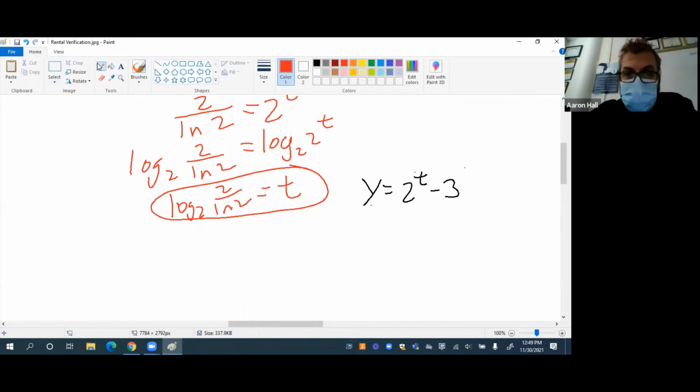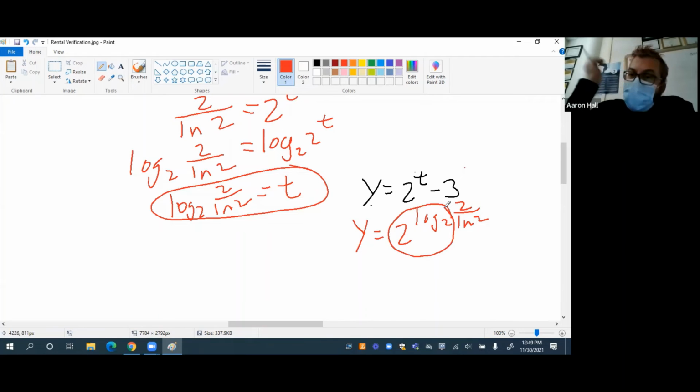So that would give us our corresponding y value would be 2 to the power of log base 2 of 2 over ln of 2. But what's this? Yeah, they're inverses. They undo each other.